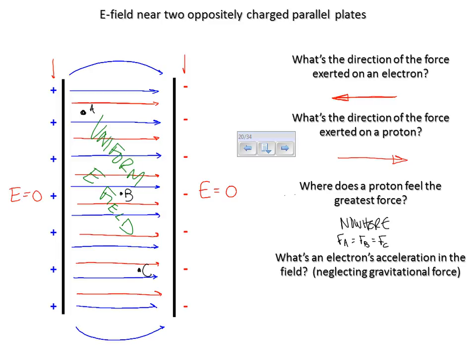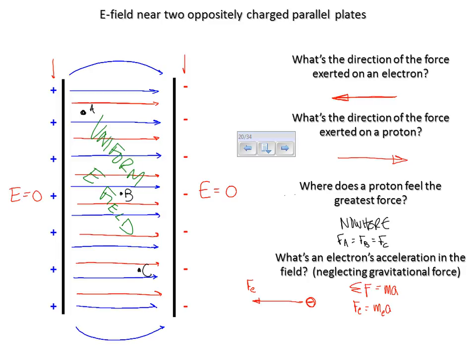For the last one, we have an electron that we put in the field. What's its acceleration? Well, we said that it would have a force on it, Fe, this way. With that, we write a simple net force statement. And that says that Fe equals mass of an electron times its acceleration.